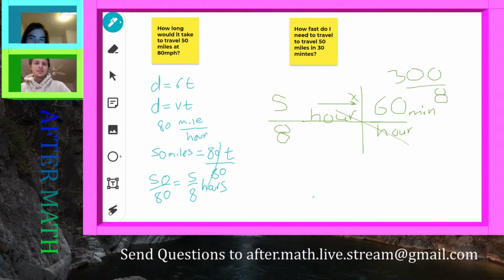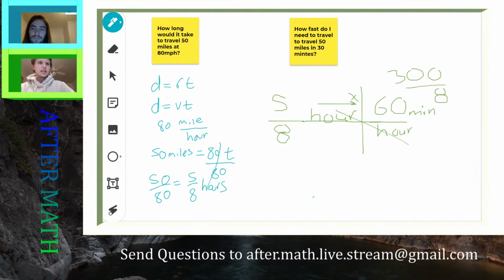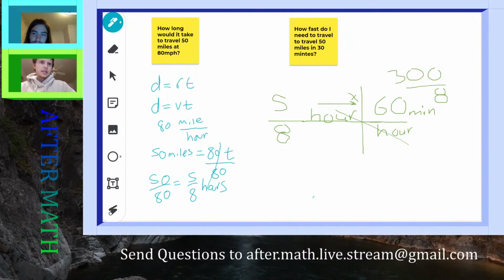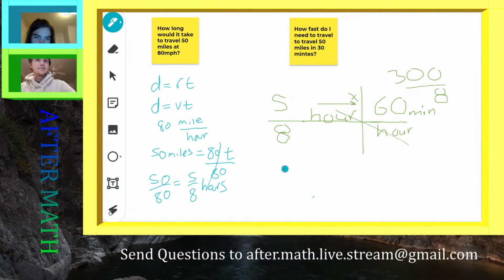Let's do some quick maths here. 300 divided by 8, we get 37.5, which is 37 minutes and 30 seconds.